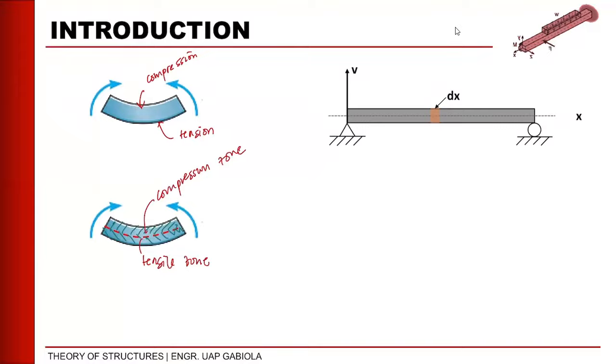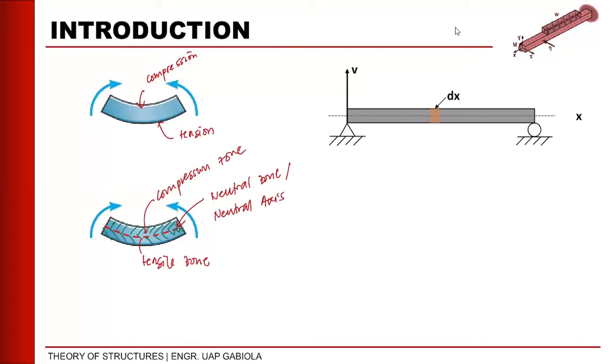Pero dito sa particular fibers natin, sa zone natin, meron diyang surface na hindi nagbabago. And yung hindi nagbabago na surface na yan is represented by this red line. Okay? Yung red line na yon tinatawag natin as our neutral zone kapag three-dimensional yung pinag-uusapan natin, or neutral axis na tinatawag natin.